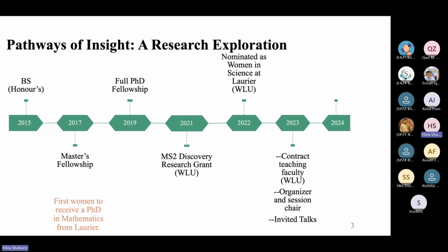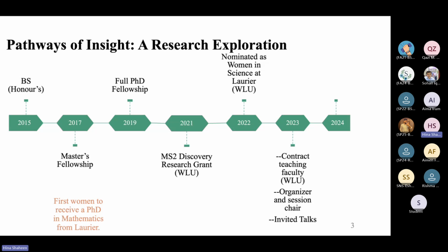During my PhD in 2021, my research was highly recognized, and I got the MS2 Discovery Research Grant from Wilfrid Laurier University, and I was also nominated as a Woman in Science at Laurier in 2022. I also got a contract teaching faculty position during the last year of my PhD.